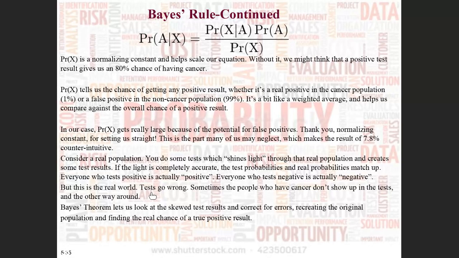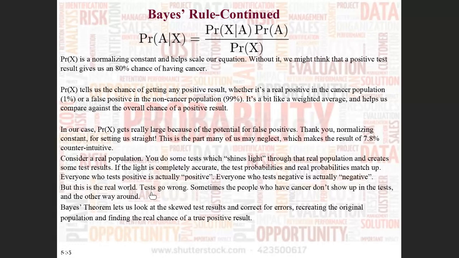So if you consider a real population, you do some tests, which shines light through the real population and creates some test result. If the light is completely accurate, the test probabilities and real probabilities match up. Everyone who tests positive is actually positive. Everyone who tests negative is actually negative. This is not true, because you may not be able to test a full population. Maybe millions of people. Maybe you're testing 100, 1,000.